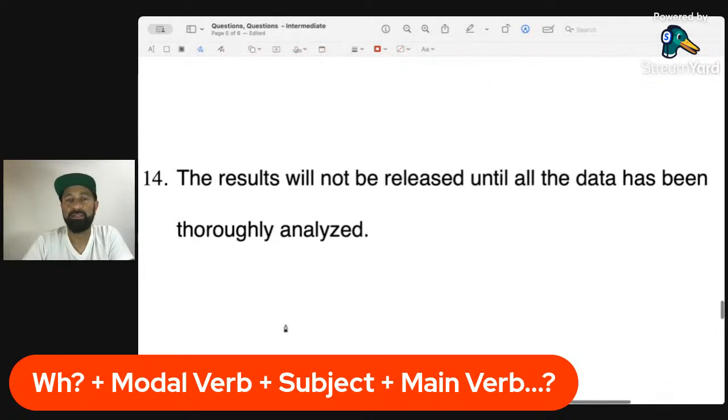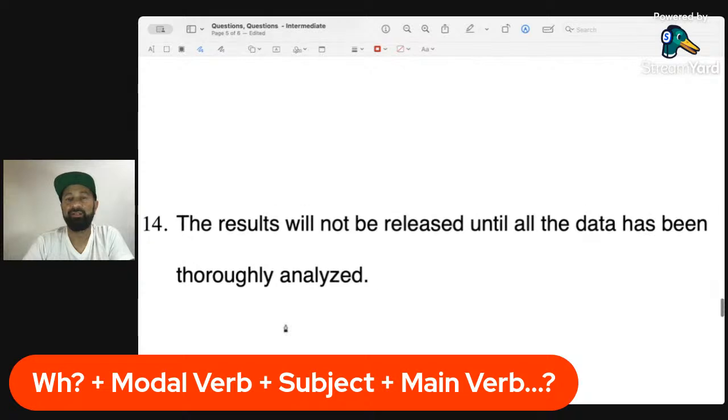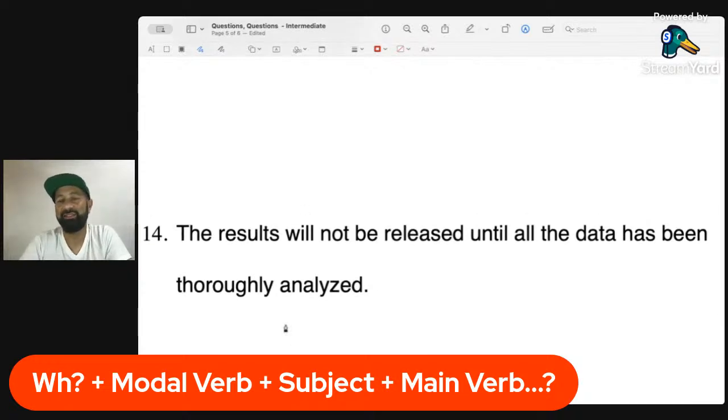Number 14. The results will not be released until all the data has been thoroughly analyzed.